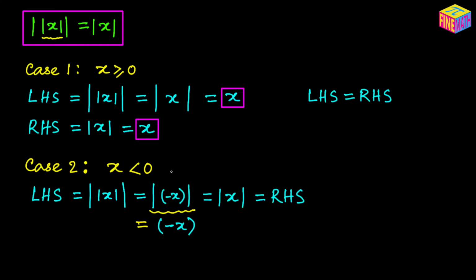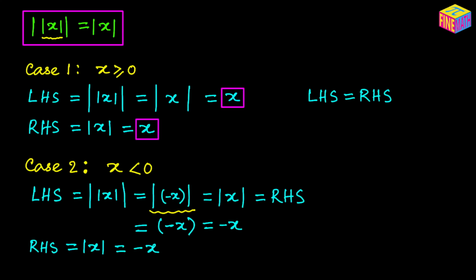Because x is a negative number, negative x is a positive number. So because we have a positive number within the modulus sign, it is going to come out of the modulus sign exactly like that. And that is equal to negative x. Now, if you think about the right hand side, let me write down the right hand side. We have modulus of x, and in this case, x is a negative number, so it will come out as negative x.